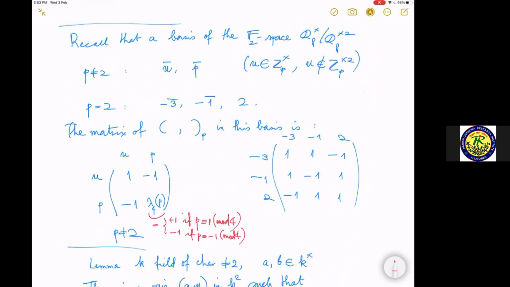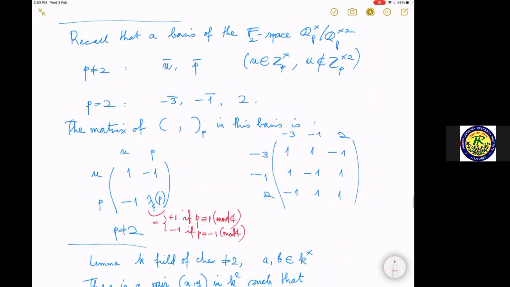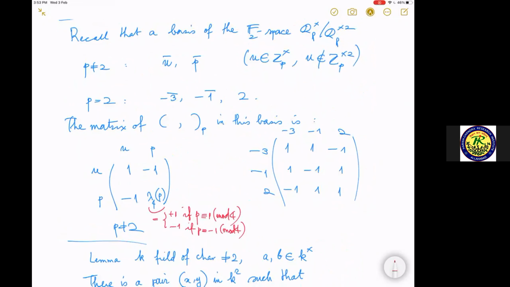So let us write a matrix. What you see is, when p is odd, this space Q_p star modulo squares has a basis consisting of these 2 elements, where I choose u to be a unit which is not a square.